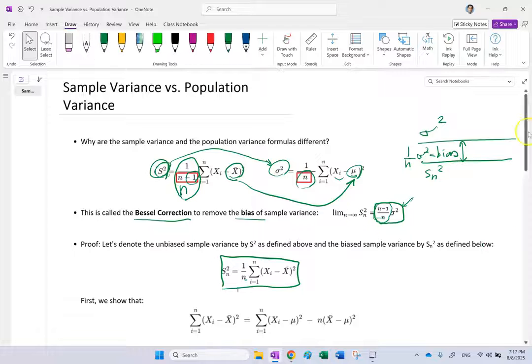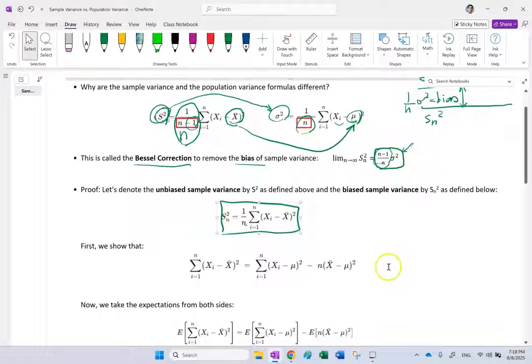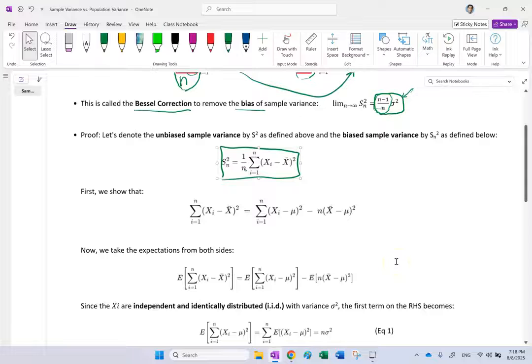So I call it biased sample variance. And the one that we always use in statistics, the one that has n minus 1, I call it unbiased sample variance. Okay, so s squared versus s_n squared. Right? So now, to show this important thing, this is what I need to prove.